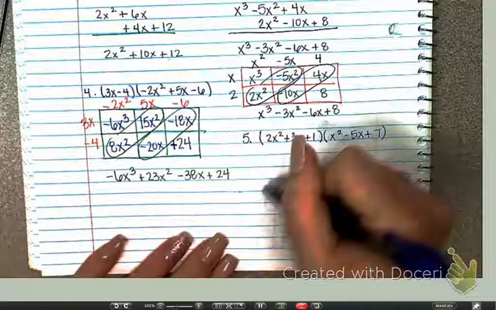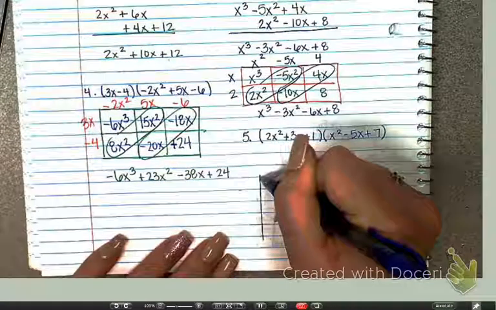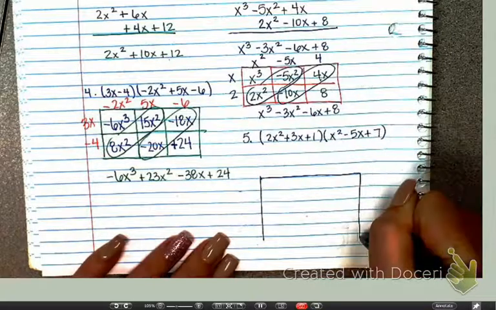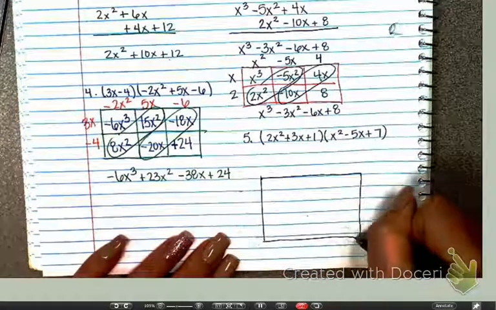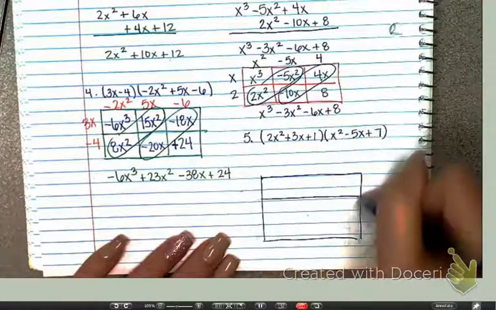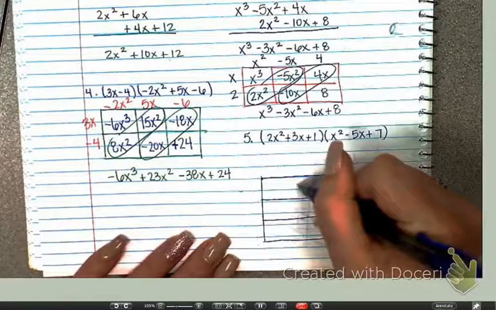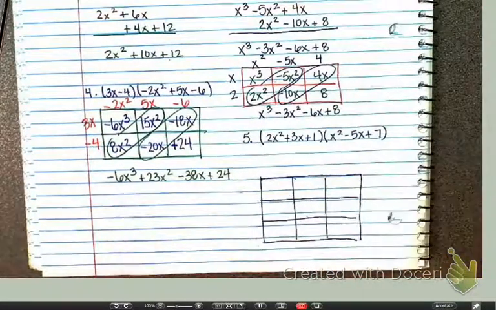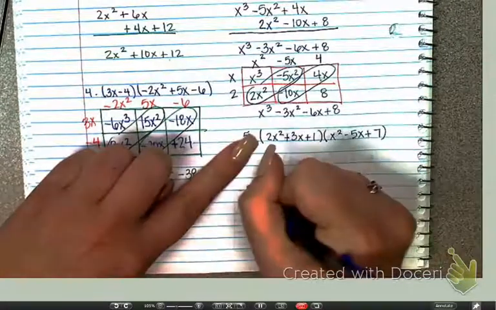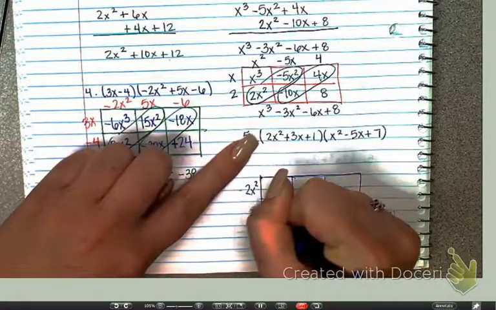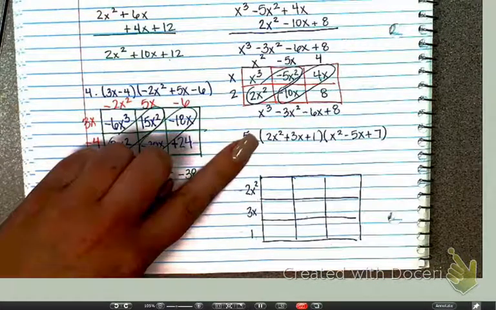So, first of all, you need to give yourself enough space for the box. I'm not going to call anyone out, but some people are trying to squish it in the smallest spot and not actually write it out. So, down the side, 2x squared, 3x, and 1.